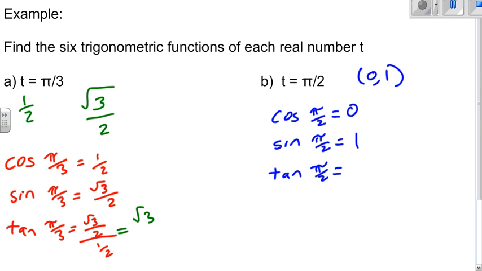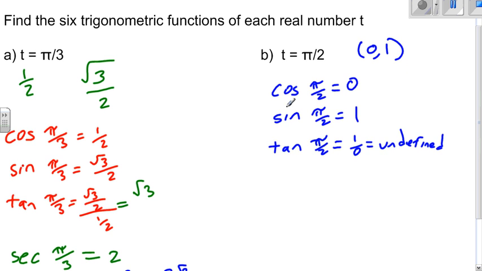Tangent of pi over 2 is sine over cosine, 1 over 0, which you can't do, so that is undefined. Secant matches up with cosine, so it'd be 1 over cosine, which would be 1 over 0, which is undefined.